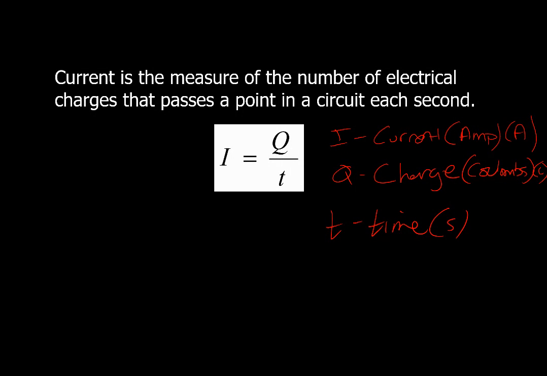So those are two new units for you, amperes and coulombs of charge. Those of you that like a triangle to help you with your algebra, I, Q, and T, just like that.